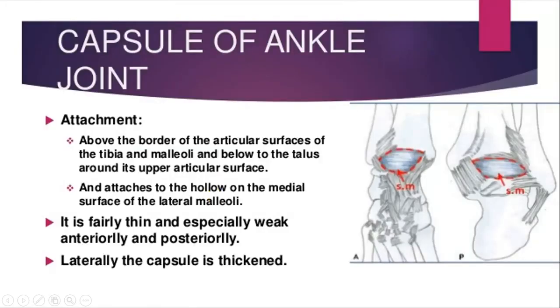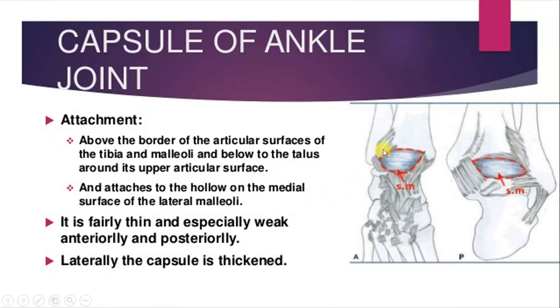So here we see the attachment of the capsule of the ankle joint. It is attached above to the articular surface of the tibia and malleoli, and below to the talus around the upper articular margin. It's obvious. And it attaches to the hollow on the medial surface of the lateral malleolus.